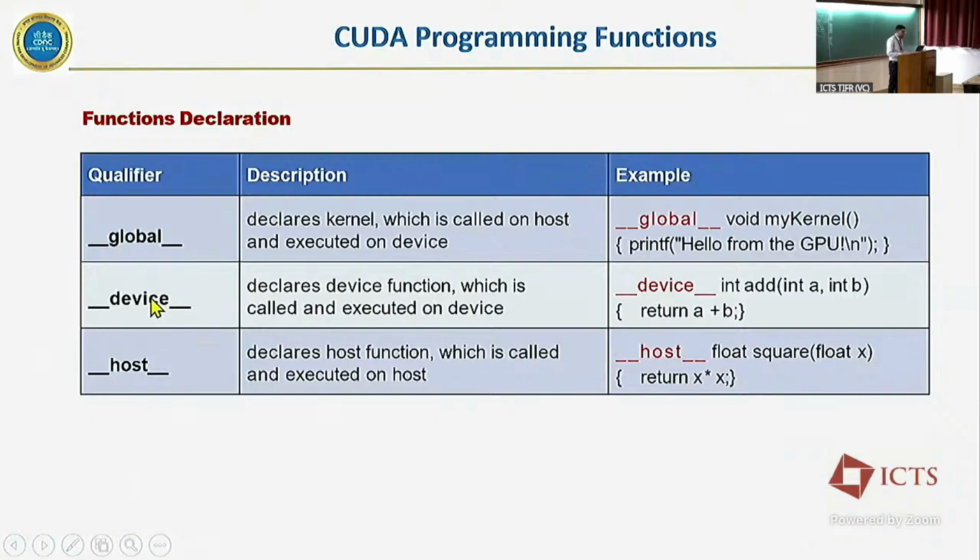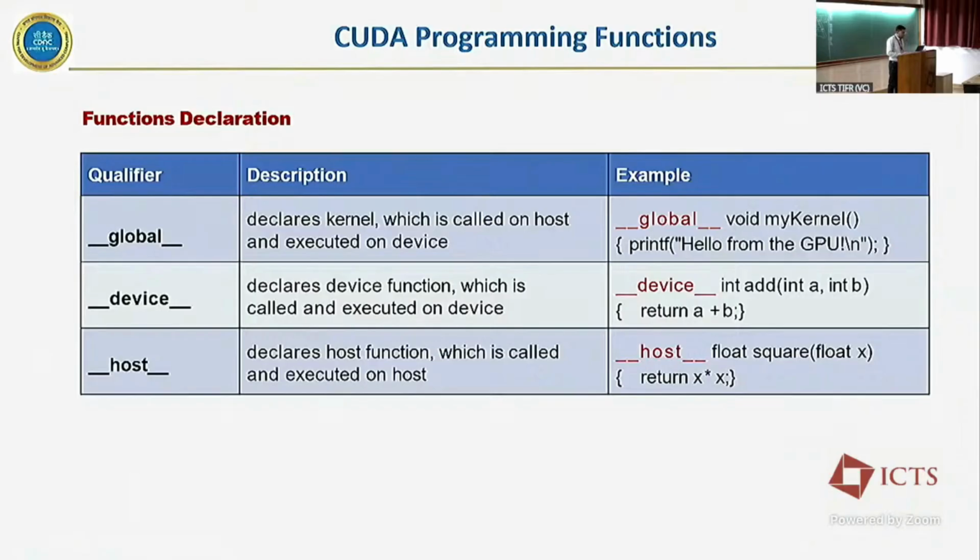The second one is __device__. It declares a device function which is called and executed on the device itself. With global, the data is copied from the CPU and transferred to the GPU, the GPU performs the task, and then it sends the result back to the CPU, right?